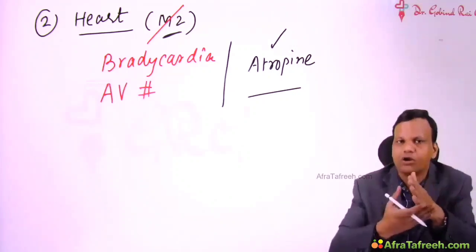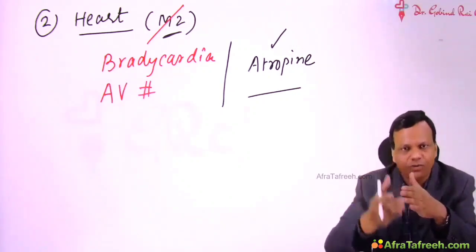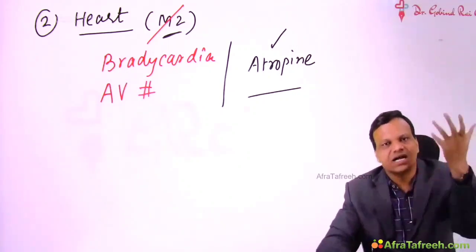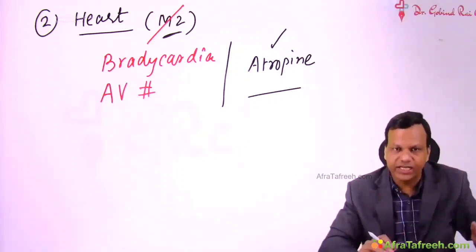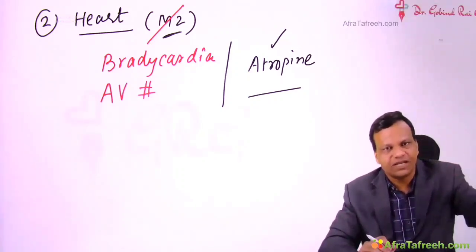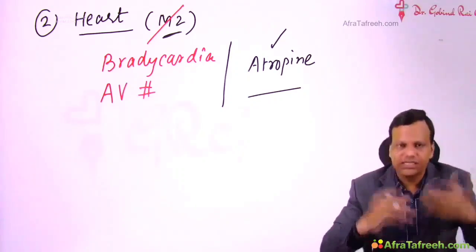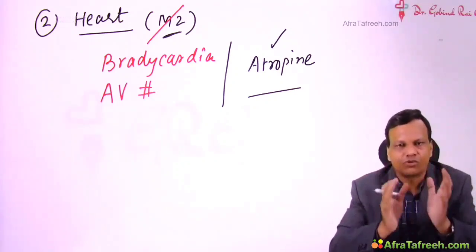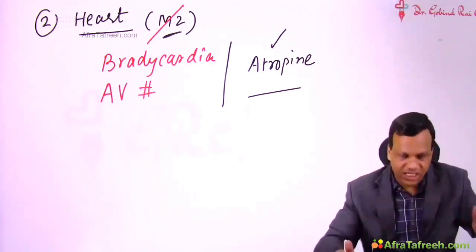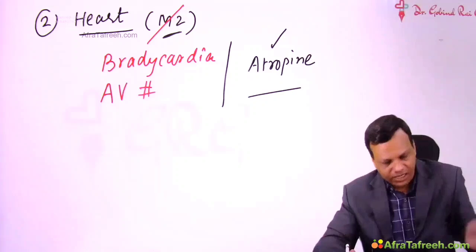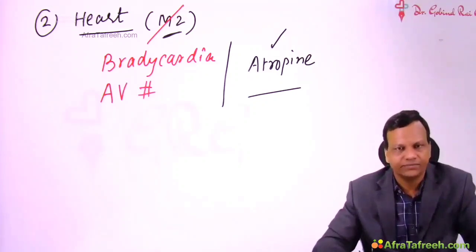When M2 are blocked on the heart, then acetylcholine cannot produce the effect. So that will increase the heart rate. So atropine initially decreases the heart rate by presynaptic M2 blockade, and later on increases the heart rate by acting on the postsynaptic receptors. So atropine initially causes bradycardia, but later on causes tachycardia. Okay.